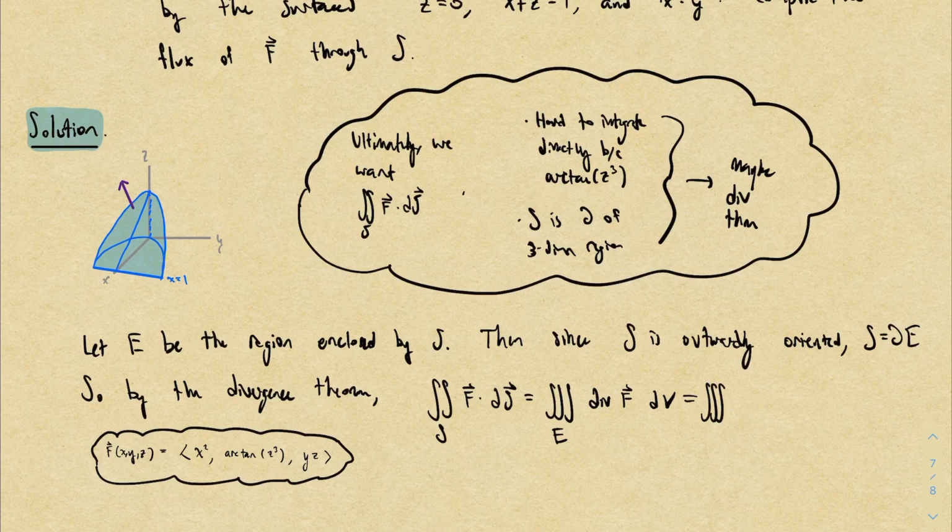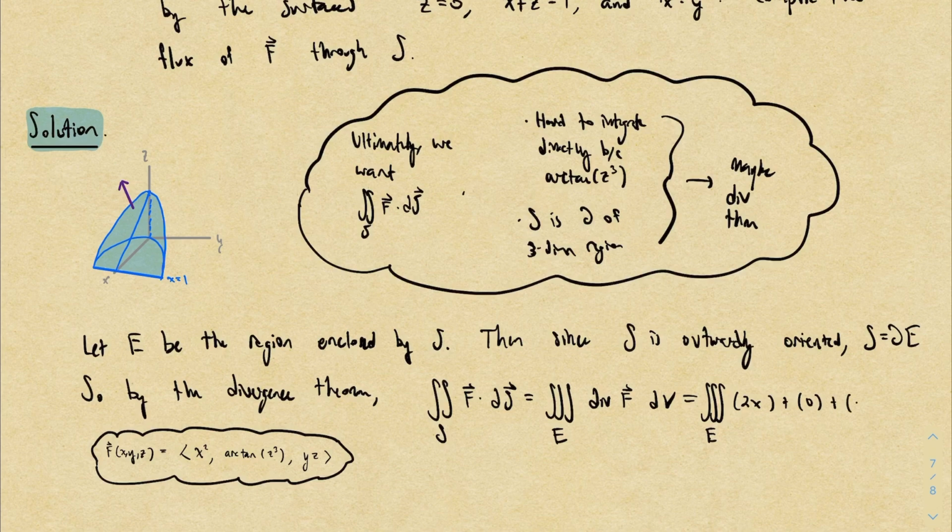So if I compute the divergence, I'll take the x derivative of the x component of the vector field. That would give me 2x, plus the y derivative of the y component. Well, arctangent of z cubed is constant with respect to y, so the derivative there is 0. So I can already tell that this is going to be a lot easier because I've completely killed off this arctangent mess.